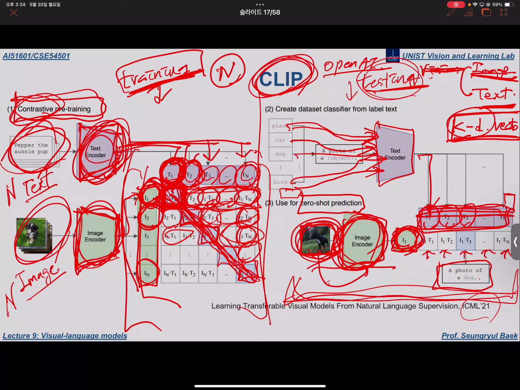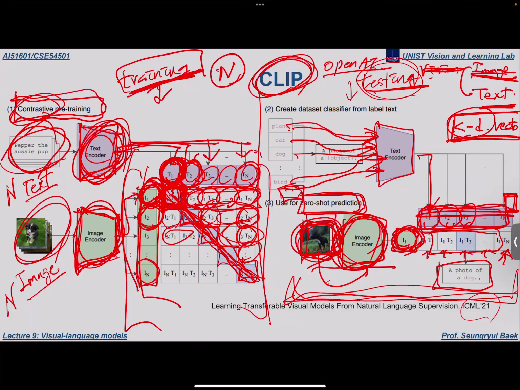And if that new text has a higher probability than other text descriptions, then it would be selected as the best description for that image. So in that sense, CLIP can be used for zero-shot prediction, detecting the best description that describes the images properly. So that's the merit of CLIP.